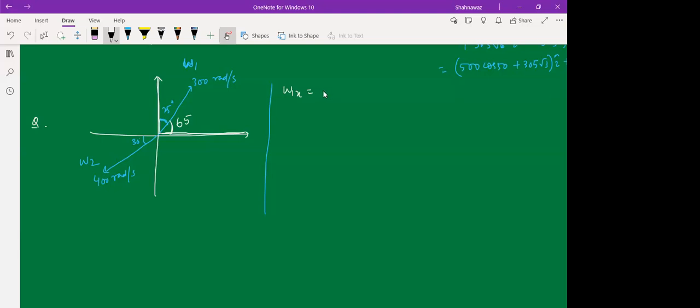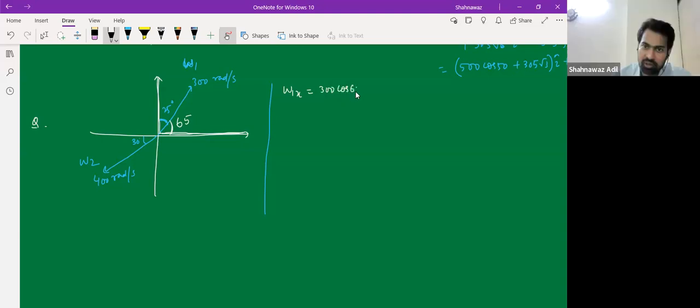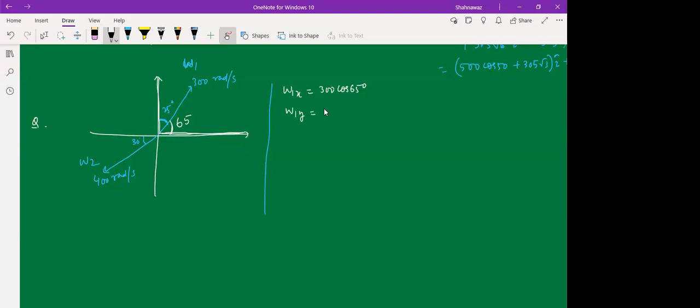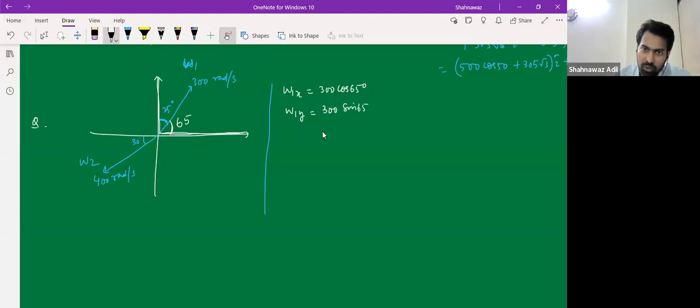Omega 1x is 300 cos 65, and omega 1y would be 300 sin 65. So the omega 1 vector would be simply 300 cos 65 i hat plus 300 sin 65 j hat, right?